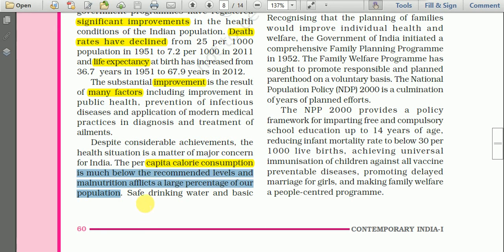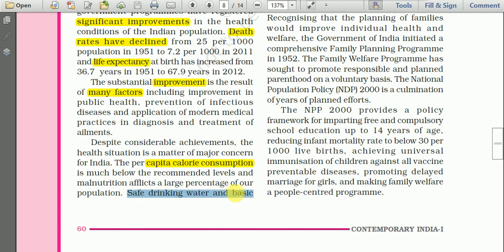We have known that there is improvement in the medical facilities, but when we look into the per capita calorie consumption of food, it is much below the recommended levels, and we find malnutrition among a large number of people in India. It means most of the people, or many people, are not getting good quality food.